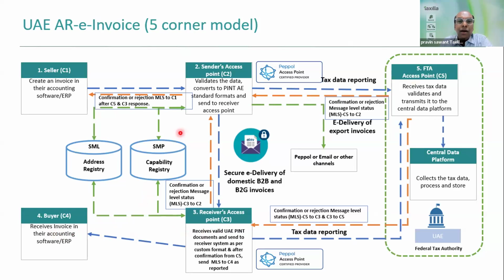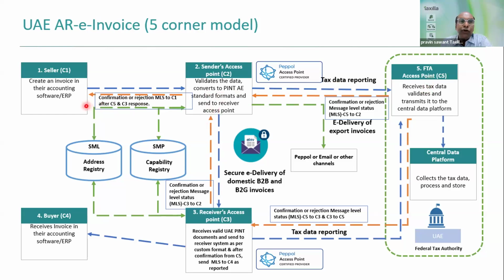Second, when we talk about cross-border transactions, generally what happens if you are doing export to a non-PEPPOL country like Saudi, India, Jordan, Philippines, or any Asian country where non-PEPPOL e-invoicing is rolled out: you send the data to corner 2, and corner 2 will only push it to corner 5.